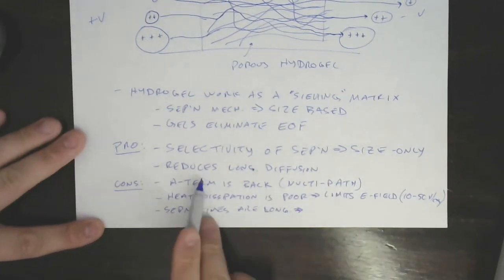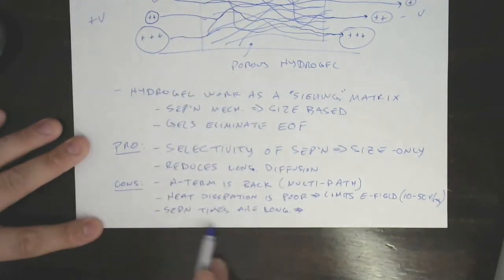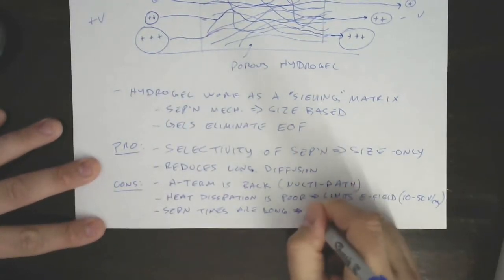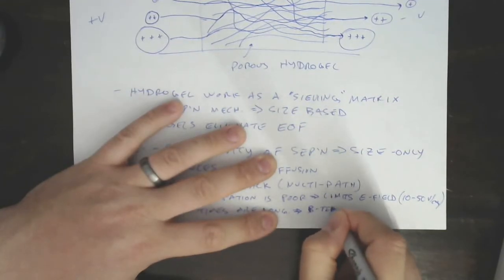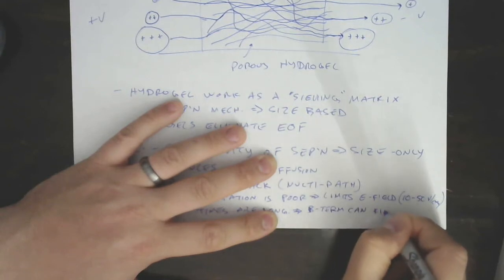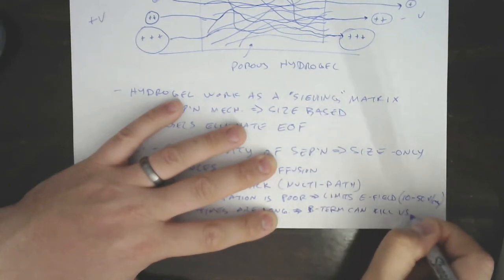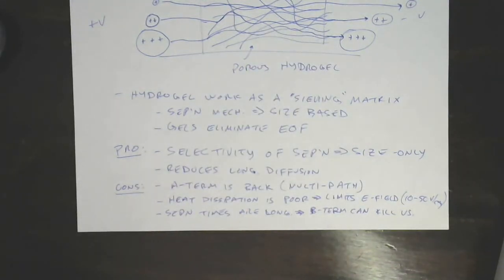We said we get reduced longitudinal diffusion per unit time here, but we take a lot longer to do it. And so the B term can kill us here. It's not necessary that it will, but the B term can kill us. That longitudinal diffusion can still remain a problem simply because of how much time it takes to do this. Okay.